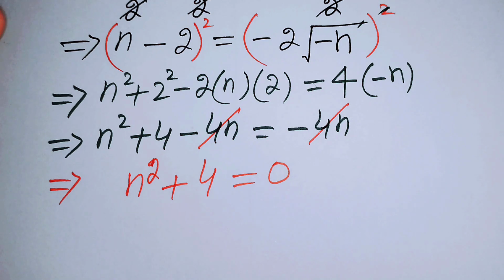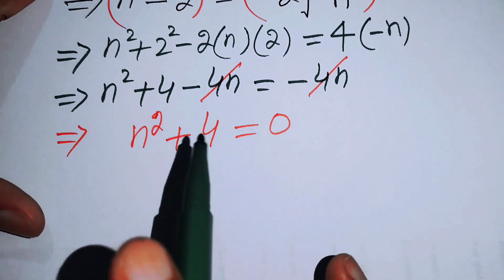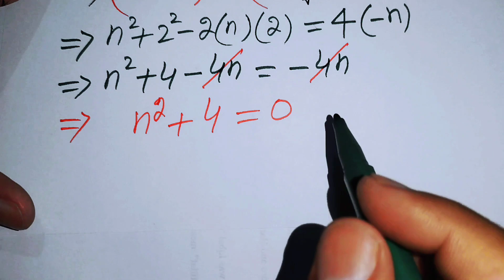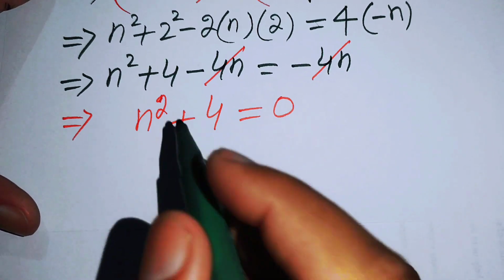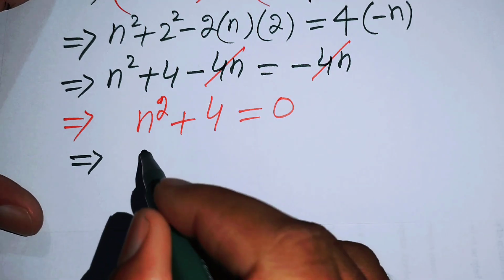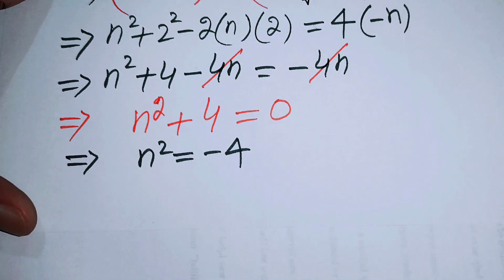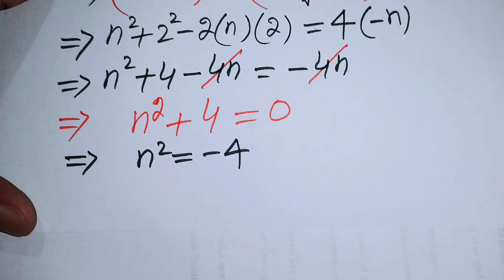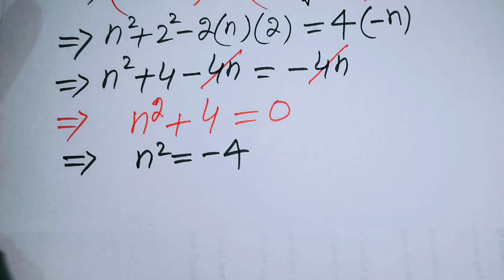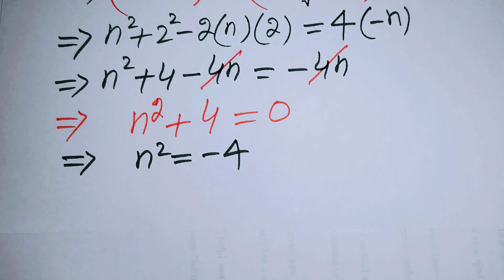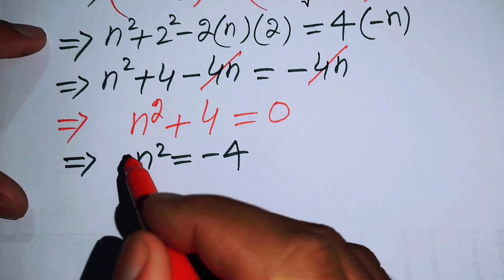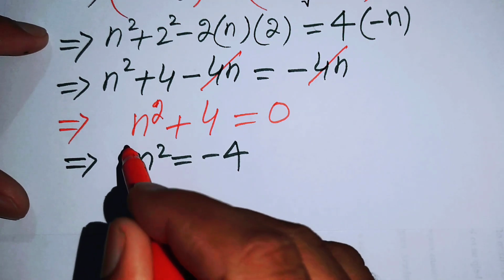Now we can solve this nice equation. First I can move this 4 to the right hand side, and then you get n² = −4. Because in this question we need to find the value of n, we need to take the square root on both of the sides in order to remove this square sign.